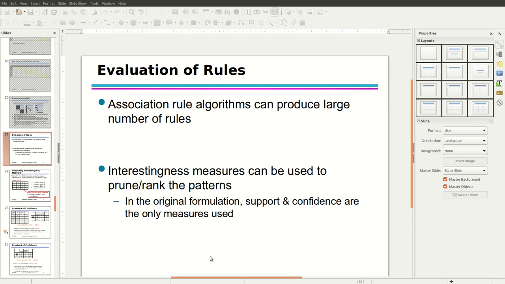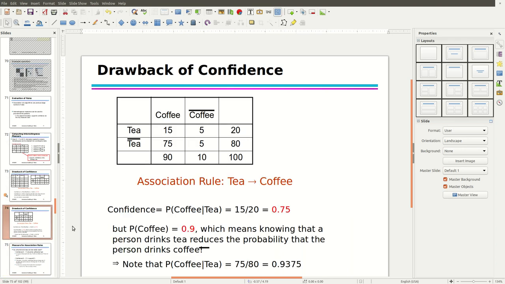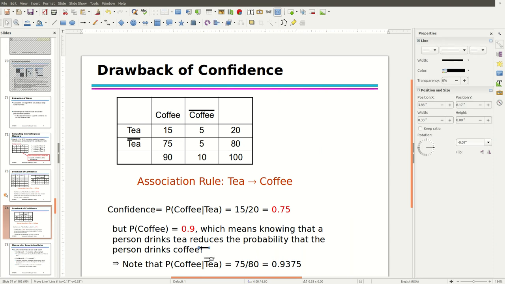But if you have tea not, so this has a bit of a mistake that I probably need to fix here. This should have been tea not right there.